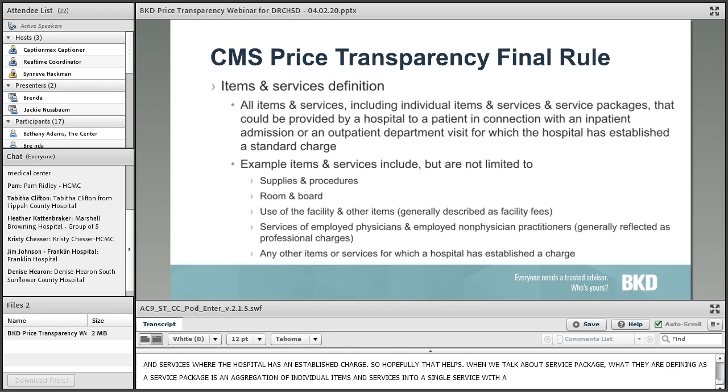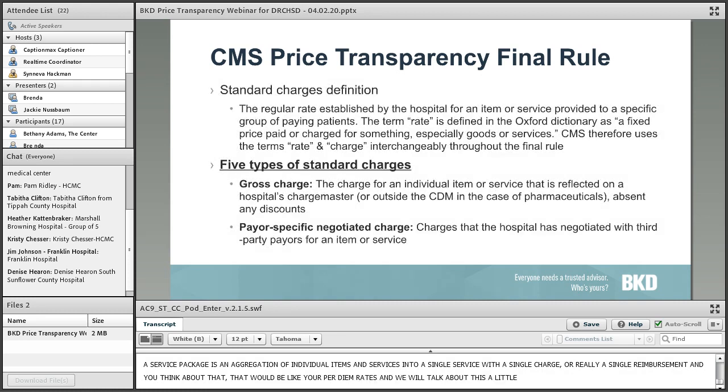When we talk about service package, what CMS is defining here as a service package is an aggregation of individual items and services into a single service with a single charge, or really a single reimbursement. You think about that, that would be like your per diem rates and your DRGs. And we'll talk about this a little bit more as well.